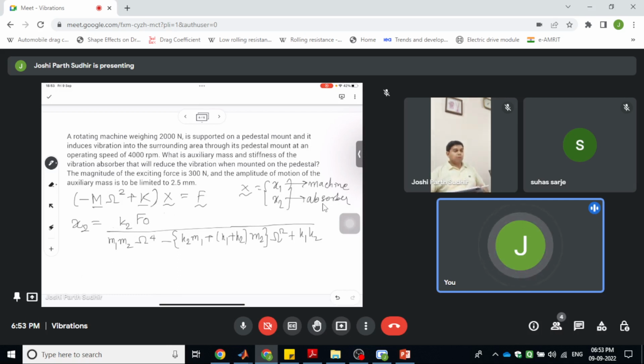So this is the expression for the displacement. Now if we further try to simplify this, if we normalize x2 by the static deflection f0 by k1, we will get an expression of the form. There are several steps in simplification, but I will just write down the final result for now.